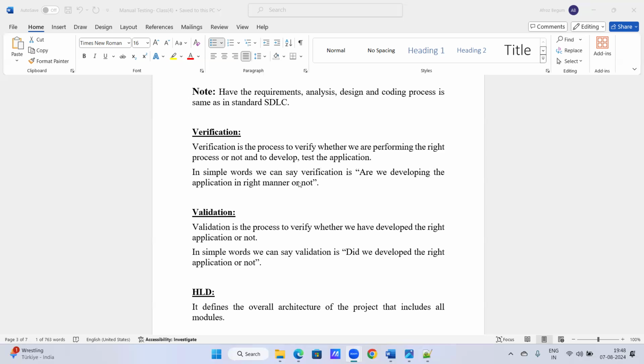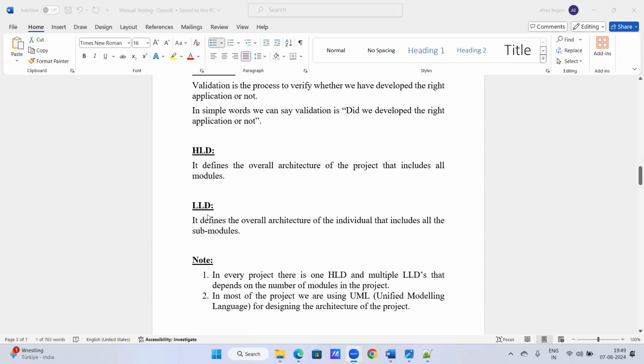In simple words, verification is: are we developing the application in the right manner or not? Validation is: did we develop the right application or not? So this is the difference between verification and validation. Verification means, are we developing the application in the right manner? And validation means, did we develop the right application or not? You can say it in simple words.